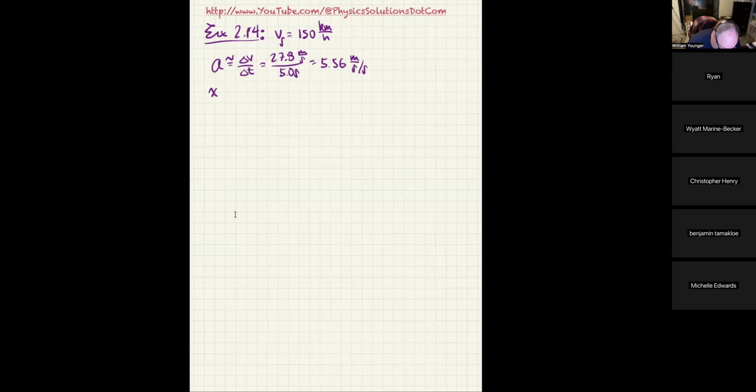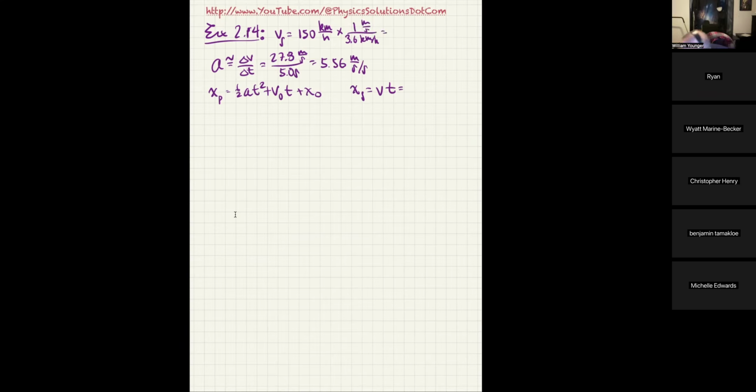So the position of the police car is going to be 1/2 a t squared plus v0 t plus x0, and the position of the speeder, x speeder, is going to be basically just v times t, where v is equal to 150 kilometers per hour. The way we convert that is we know that 3.6 kilometers per hour is equal to 1 meter per second.